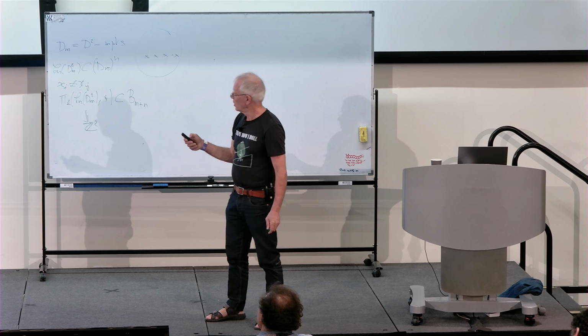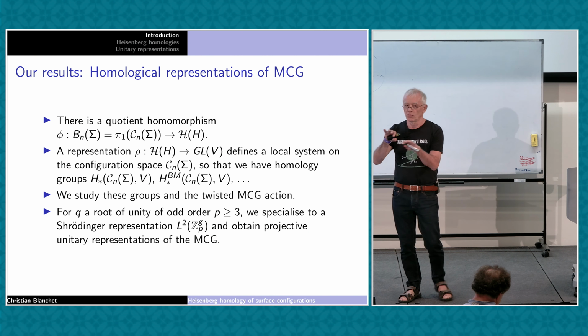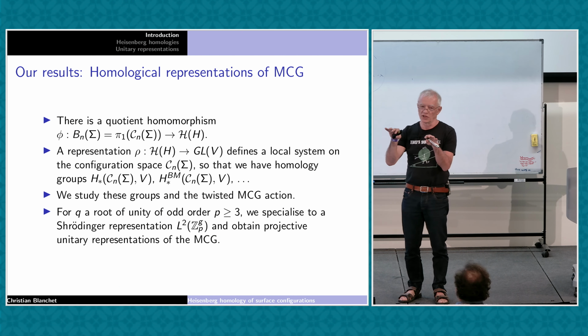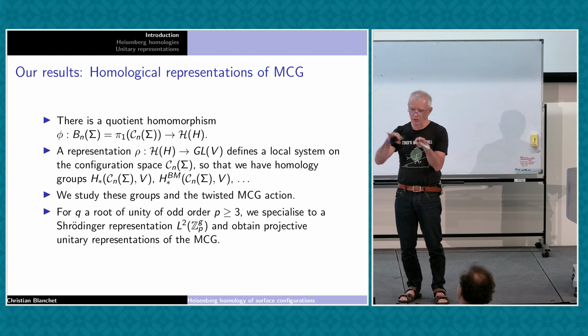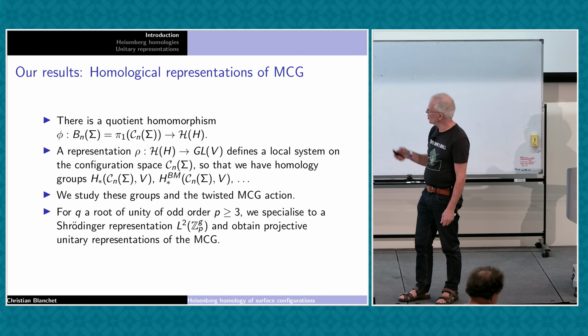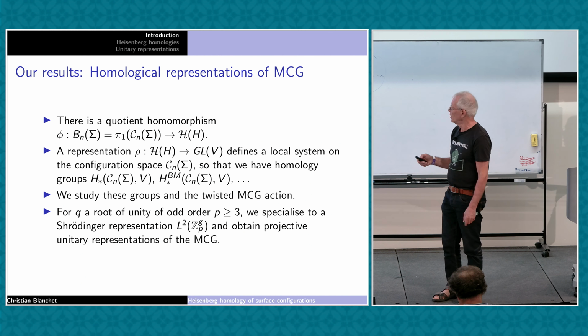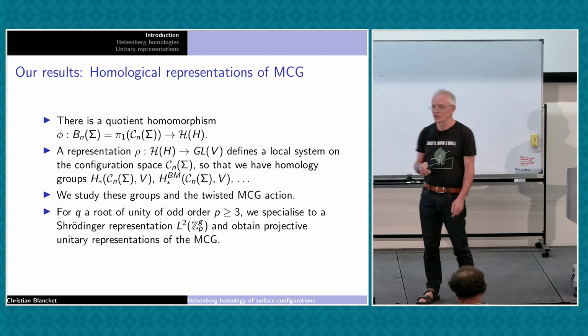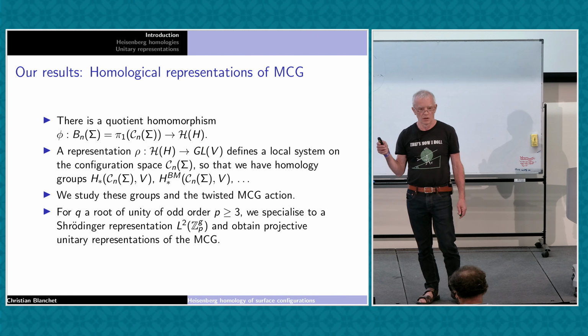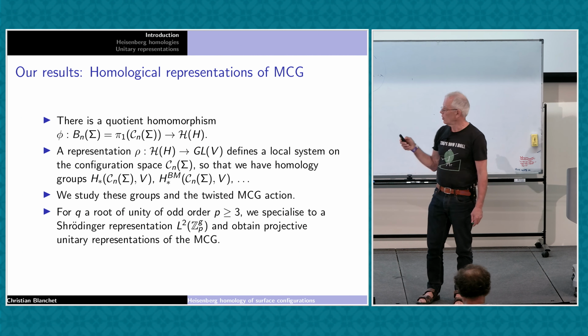Oh, sorry. So if this Q is a root of unity, and I will restrict to odd roots of unity in this talk, but we can extend, we specialize to a Schrödinger representation of this Heisenberg group. I will sketch the definition. And then we obtain a projective representation. The important thing is that we get a unitary representation of the mapping class group.